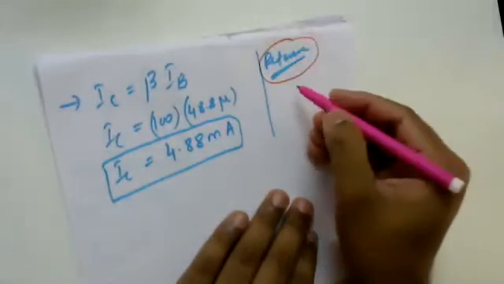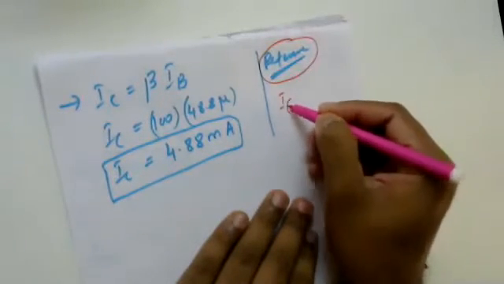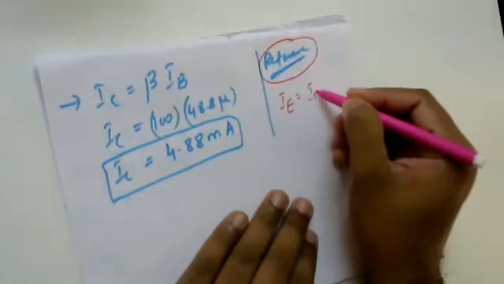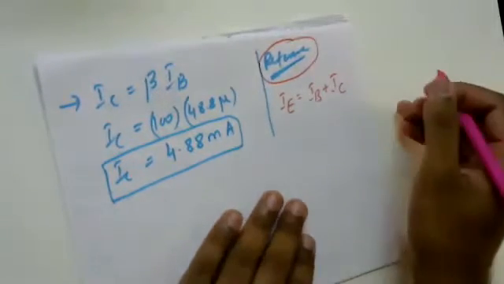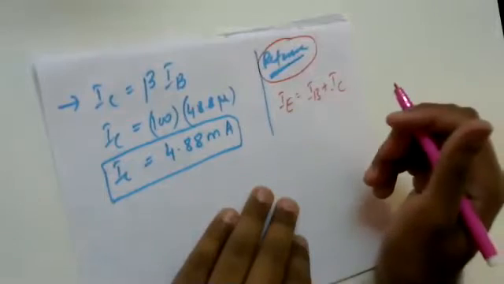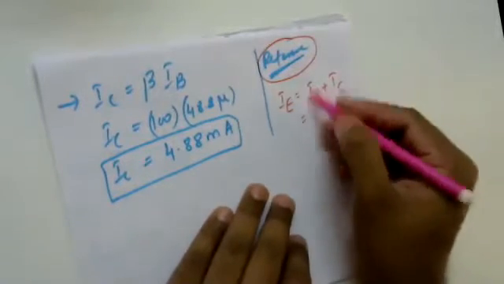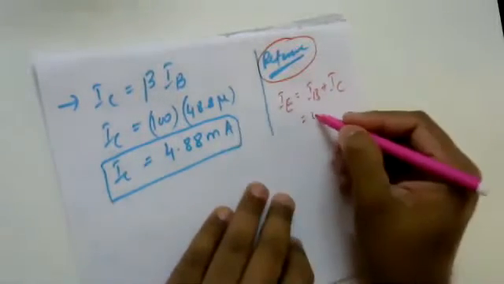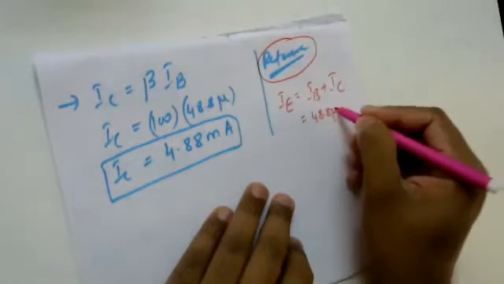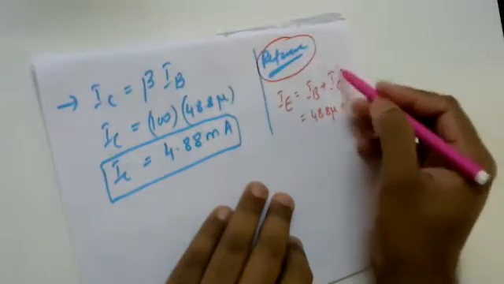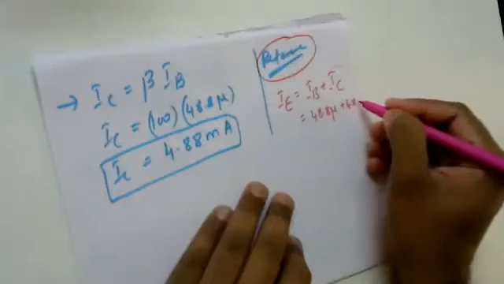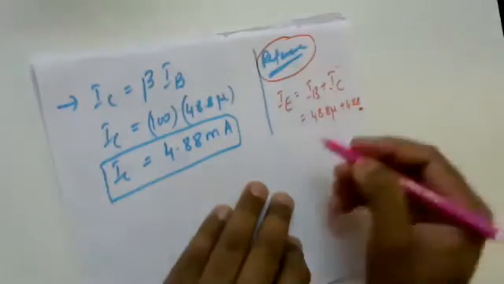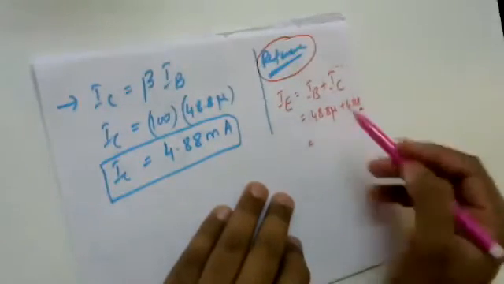So I know that my emitter current is given by base current plus collector current. Do you agree? Base current plus collector current. What is base current in this numerical? 48.8 microamps plus the collector current, 4.88 milliamps. When I sum this, what am I going to get?